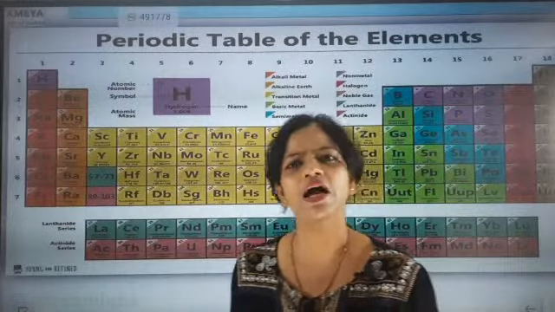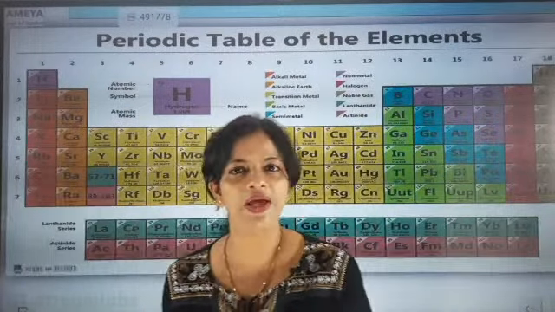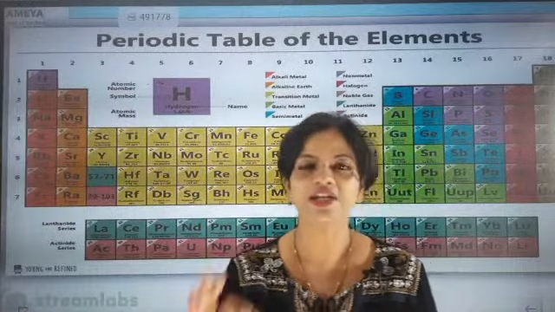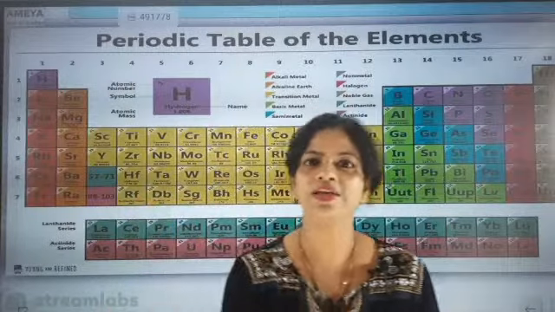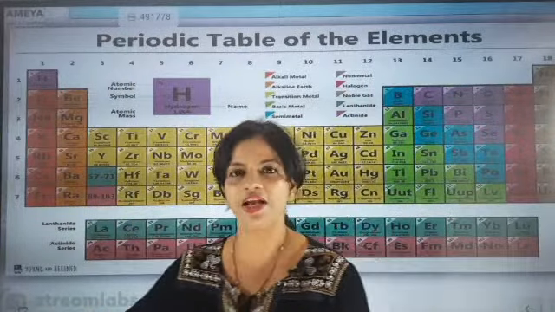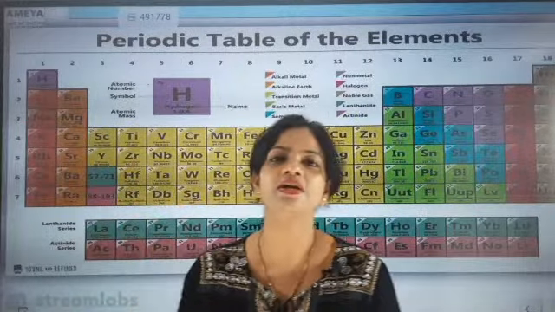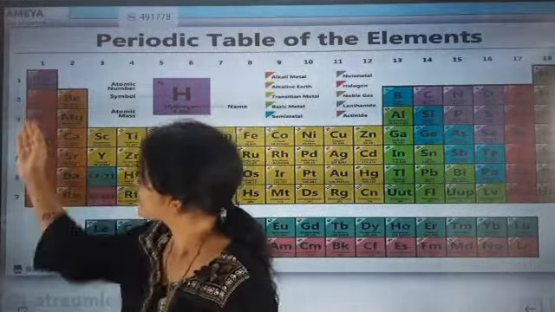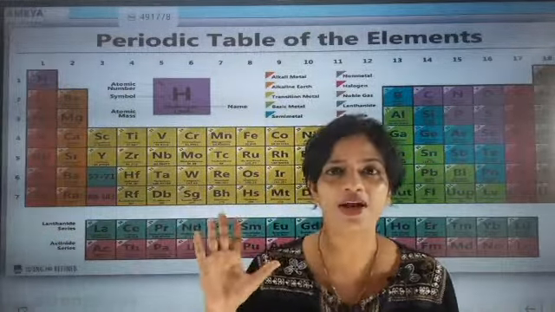The reason behind it is, among lithium and cesium, if they ask you to compare, then you can say that electropositivity is the tendency to lose electrons. How easily an element can lose an electron, that much stronger that element will be electropositive.